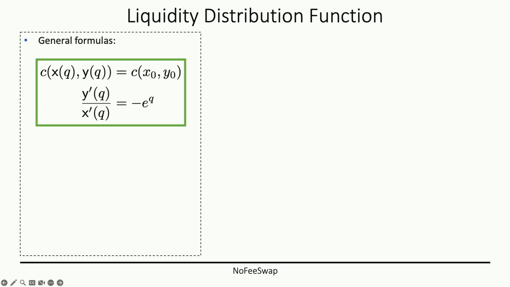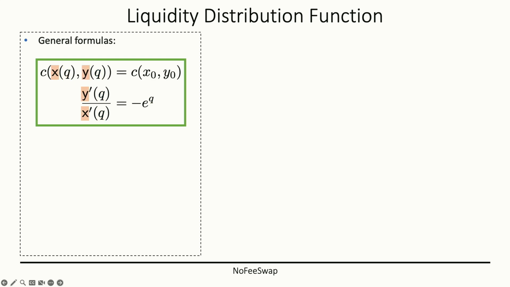In general, to derive the diagram for an arbitrary curve, you need to solve a system of differential equations. I'm going to go over it really fast. The function C here is the algebraic equation to be investigated, like xy equal to 1, for example. x naught and y naught are the current reserve values for the two tokens, respectively. Q is the logarithmic price.